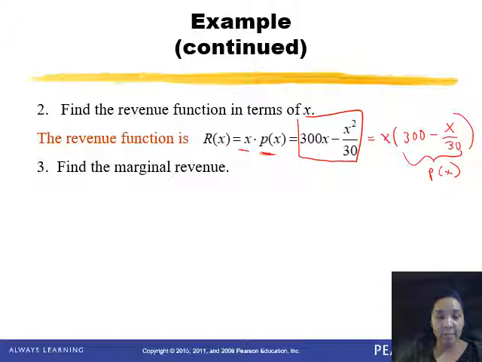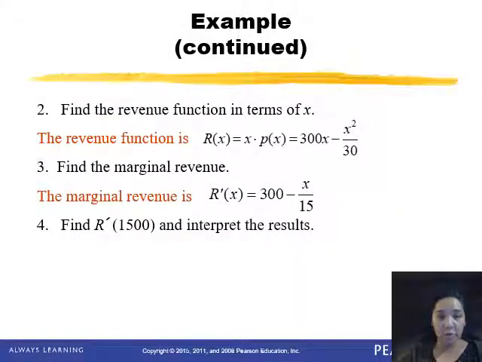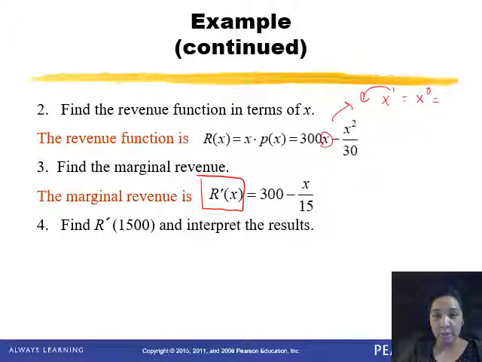Okay, now let's find the marginal revenue. So again, it's just the derivative of this function here. The marginal revenue is the derivative of our revenue function. And so again, we're going to use the power rule and the constant multiple rule. The derivative of 300x: we pull out that 300, and if you have the 1, you bring it down, and this becomes x to the 0 power, which is just 1, and that leaves us with 300.